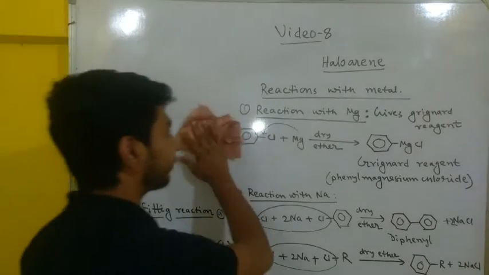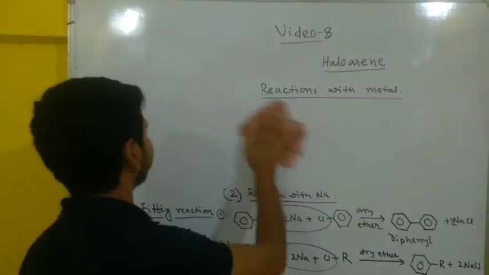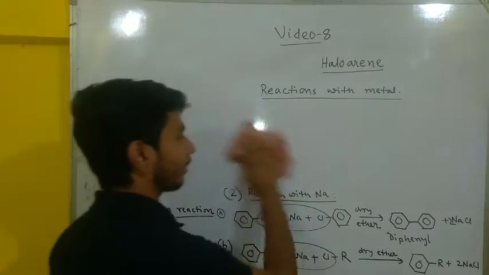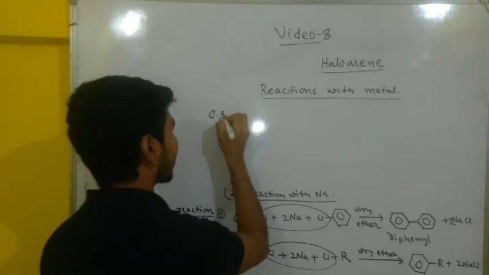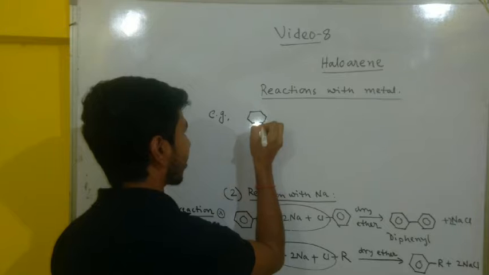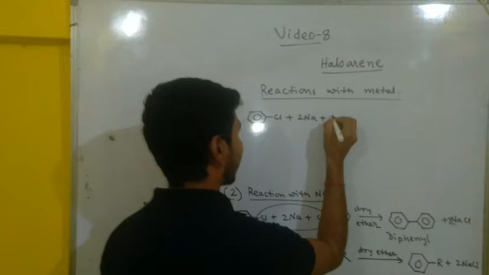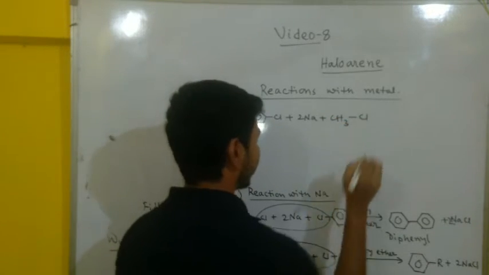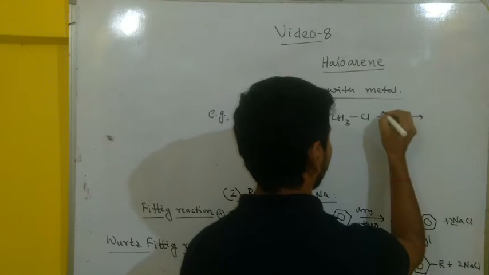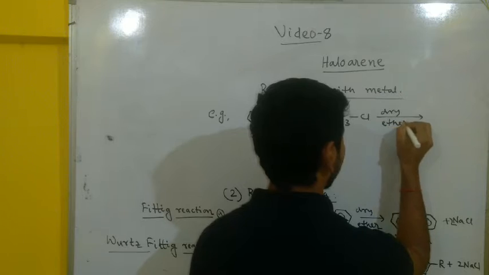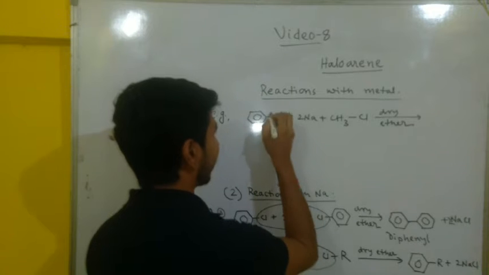For example, chlorobenzene upon treatment with sodium and methyl chloride, CH3Cl, suppose RCl is CH3Cl, in presence of dry ether, twice Na and twice Cl are involved.